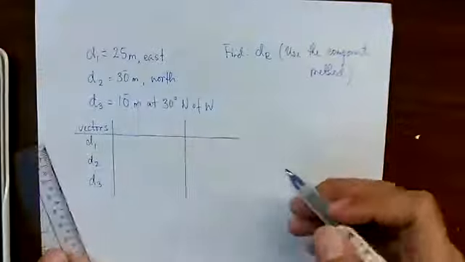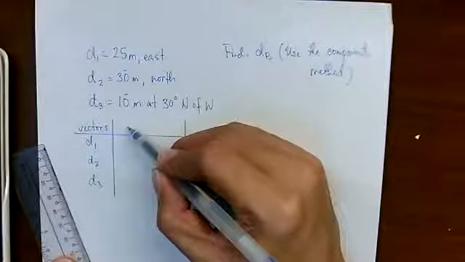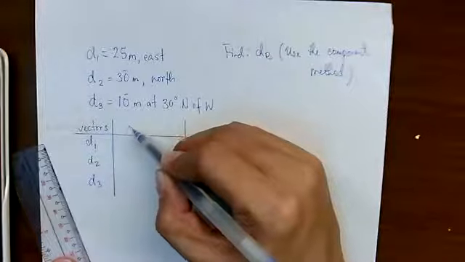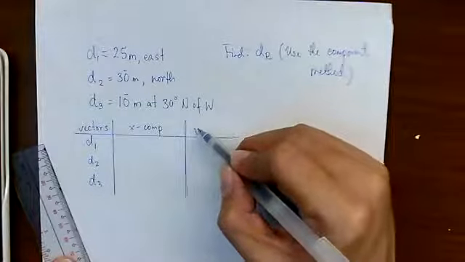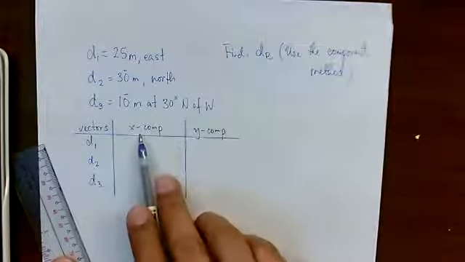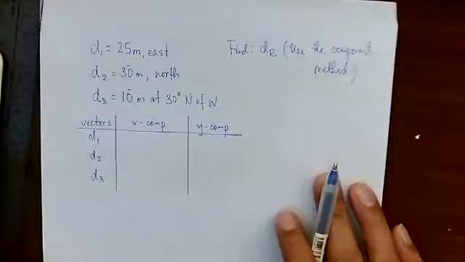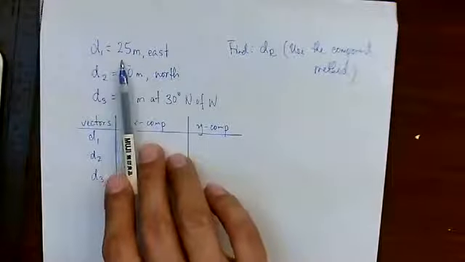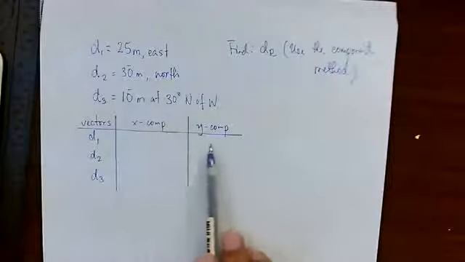In the first column, you have vectors. In the second column, these are the X components, and in the third column, you have the Y components. So we list down each vector according to where they should be placed.